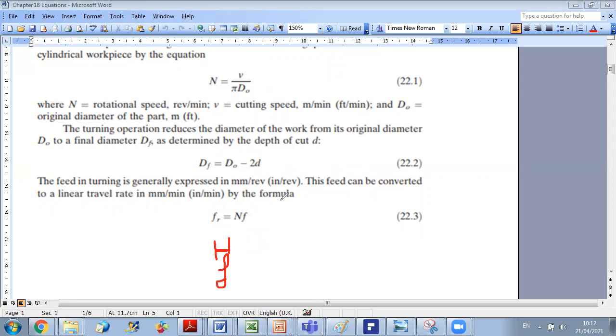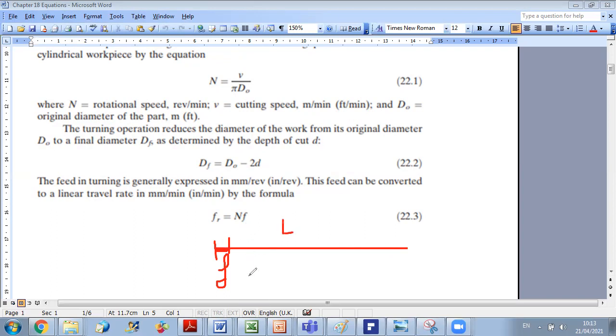Now we can relate the feed to a linear travel time. In each revolution you are removing a certain length. Let's say you want to do the turning operation over a certain length L. You can convert.